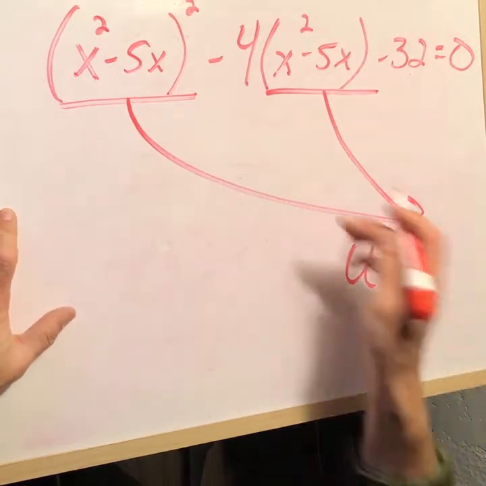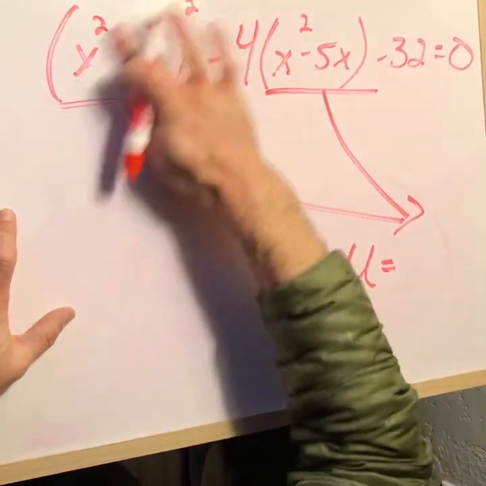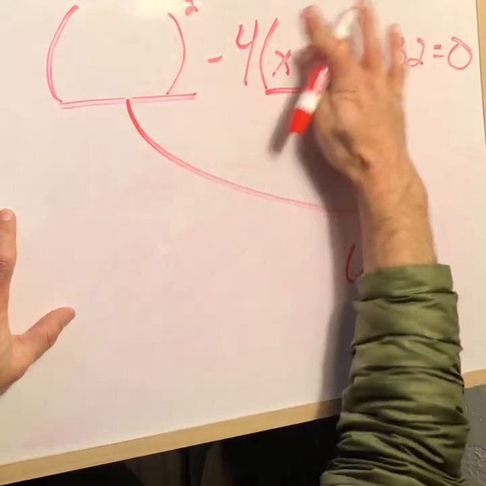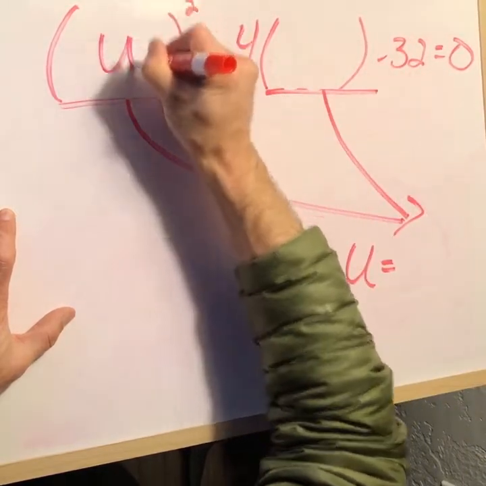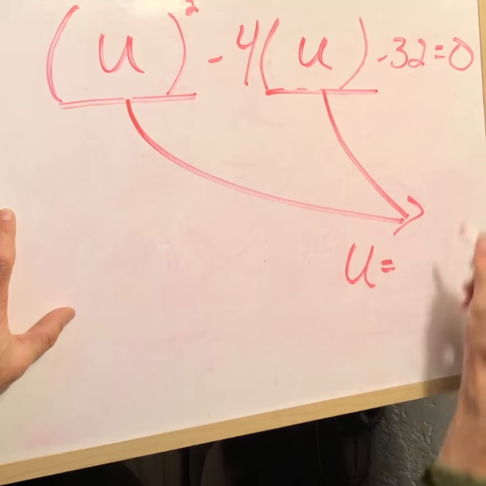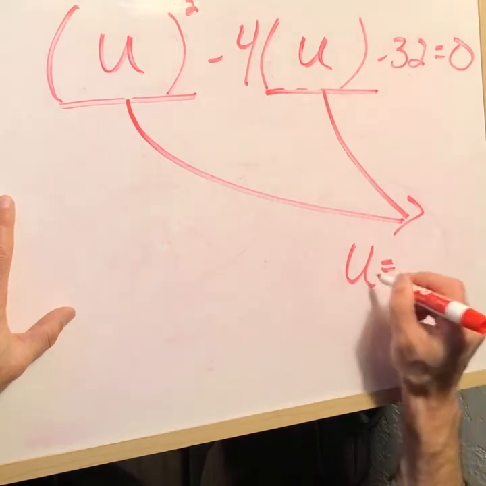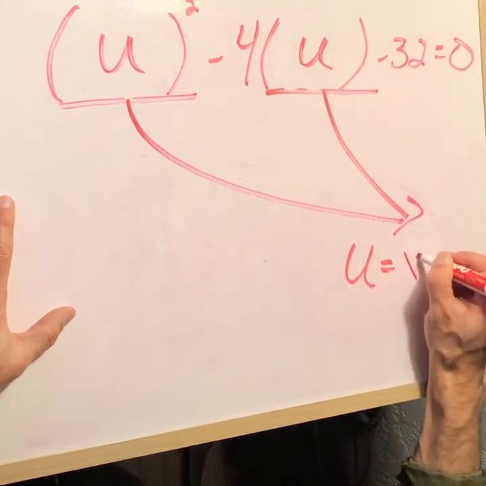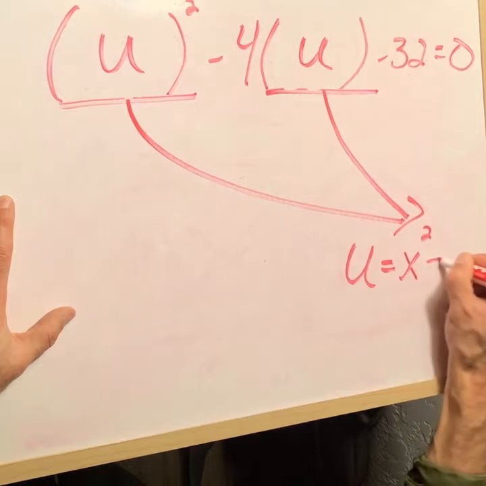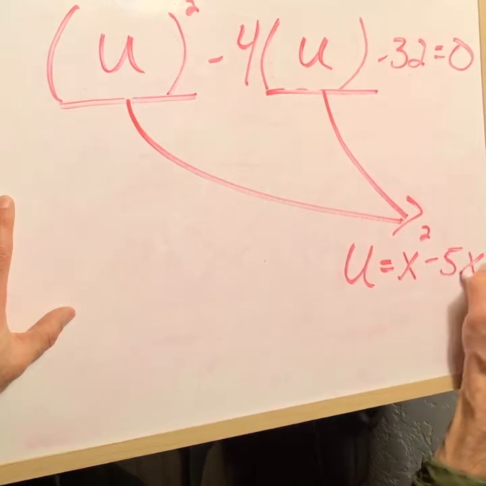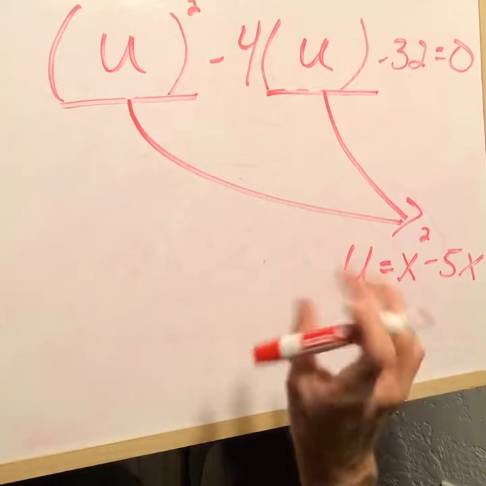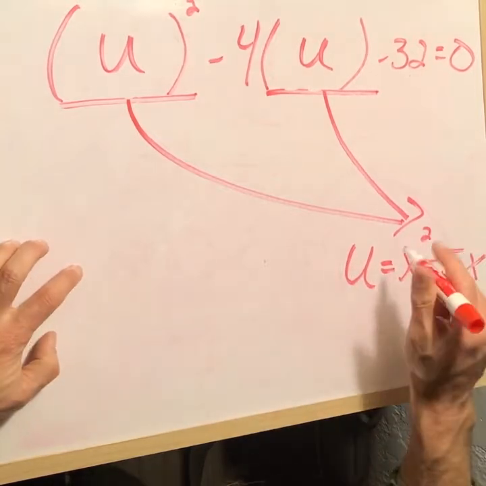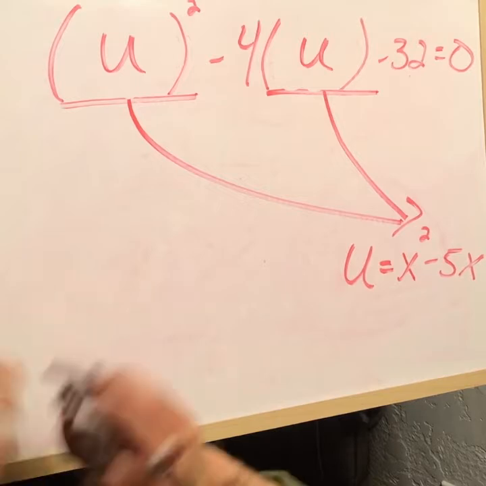But I know that U actually equals what I got rid of, x squared minus 5x. So now I'm going to leave this on the outside, and I'm not going to worry about this right now.